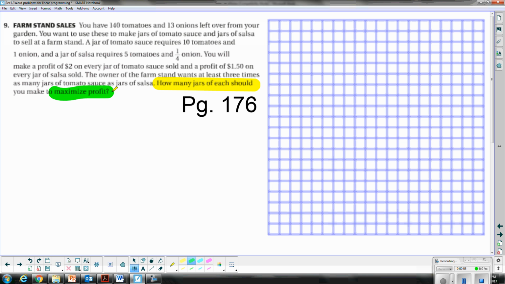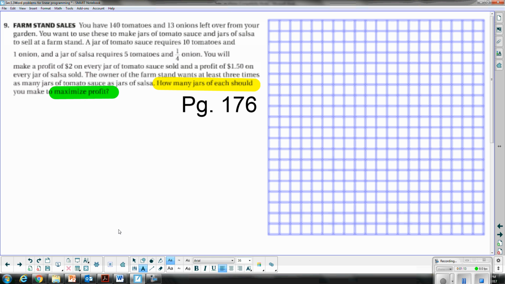So maximizing profit, that's our goal. Profit is going to be our objective function. And jars of salsa and jars of tomato sauce are going to be our x and our y's.